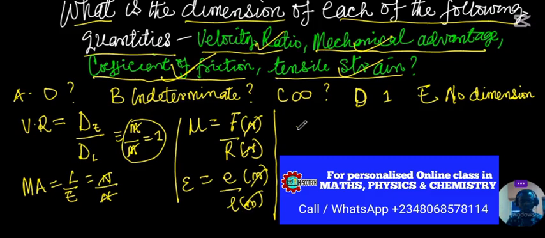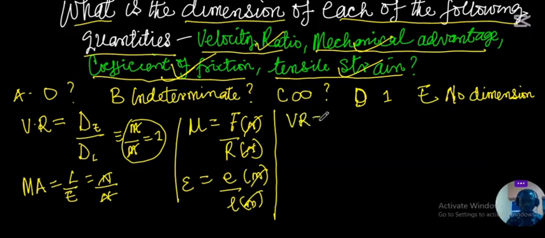But let's find out if they have dimension. For velocity ratio, it equals distance moved by the effort over distance moved by the load. Dimension for distance is L. For this one it is also L. So the dimension is 1.